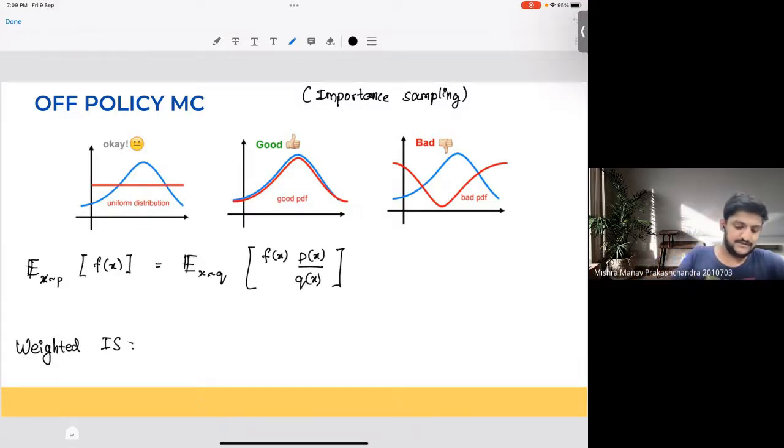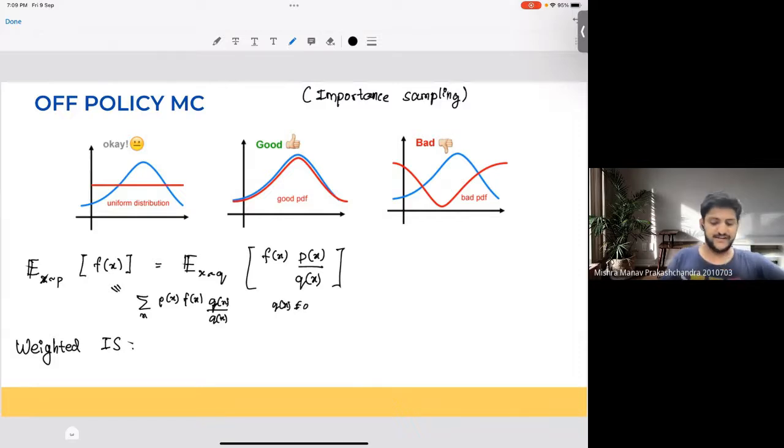See how this looks: if you do the rollout, it looks like p of x times f of x, right? So I just multiply and divide by q of x. It's some probability distribution, and the assumption is that q of x is not equal to 0.